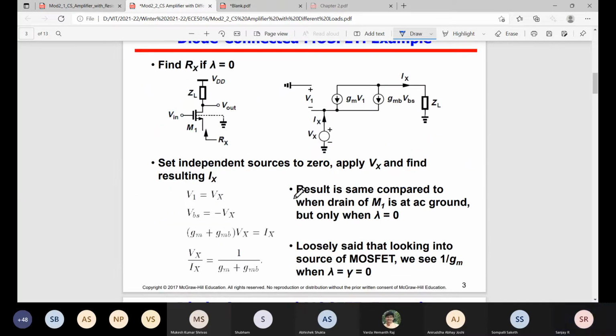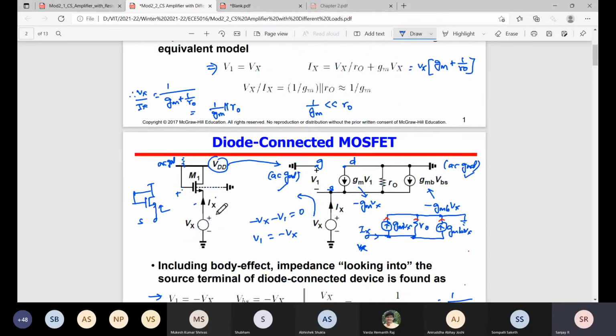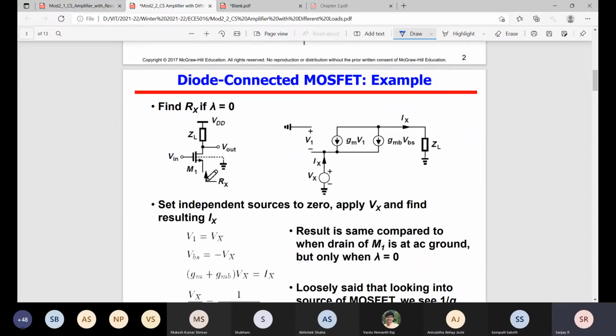So now, previously we found the impedance looking into the source, where we assumed the gate and drain are shorted. Practically, looking into the source, instead of gate and drain shorted, we can take any topology. Let's apply a load here; we can take any resistance.